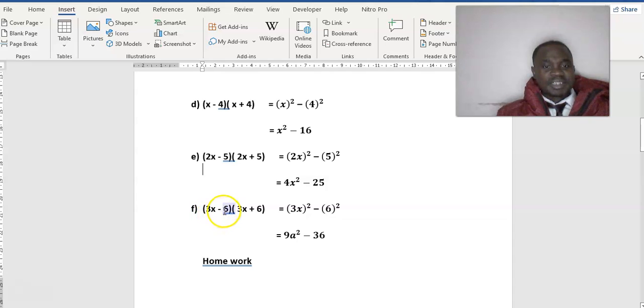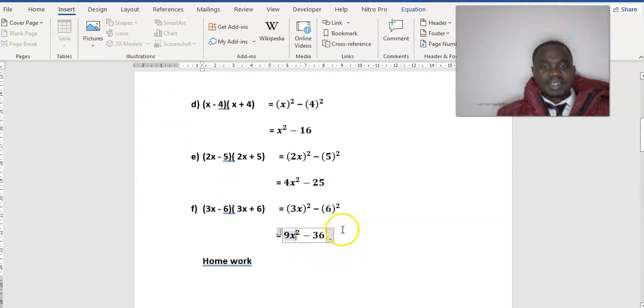3x minus 6, 3x plus 6. How do we answer this? So this is our 3x all in brackets squared minus 6 all squared. So 3 squared, what is it going to give us? 9. x squared, is it supposed to be 8? No, it's supposed to be what? x.